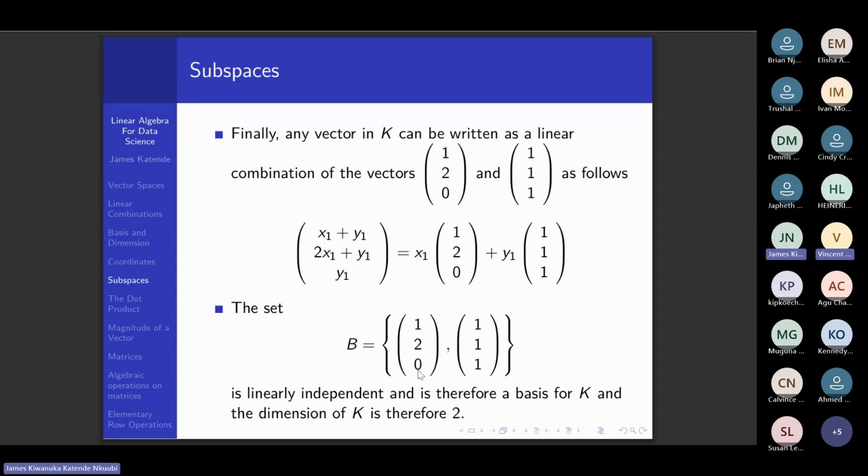So yet again, we've come up with another two-dimensional subspace of R3 because it's spanned by two vectors, and these two vectors can easily be checked to be linearly independent. So this gives us a two-dimensional subspace of R3 because it can be spanned by two linearly independent vectors.